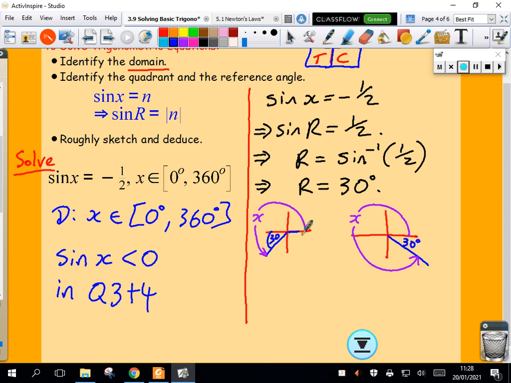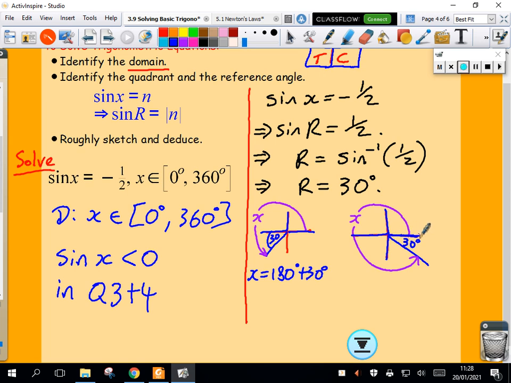So remember, there's 0 degrees, 90 degrees, 180, and this is going to be 180 plus 30. So x in this case would be 180 degrees plus 30 degrees. And over in the second case, we've got 0 degrees, 90, 180, 270.